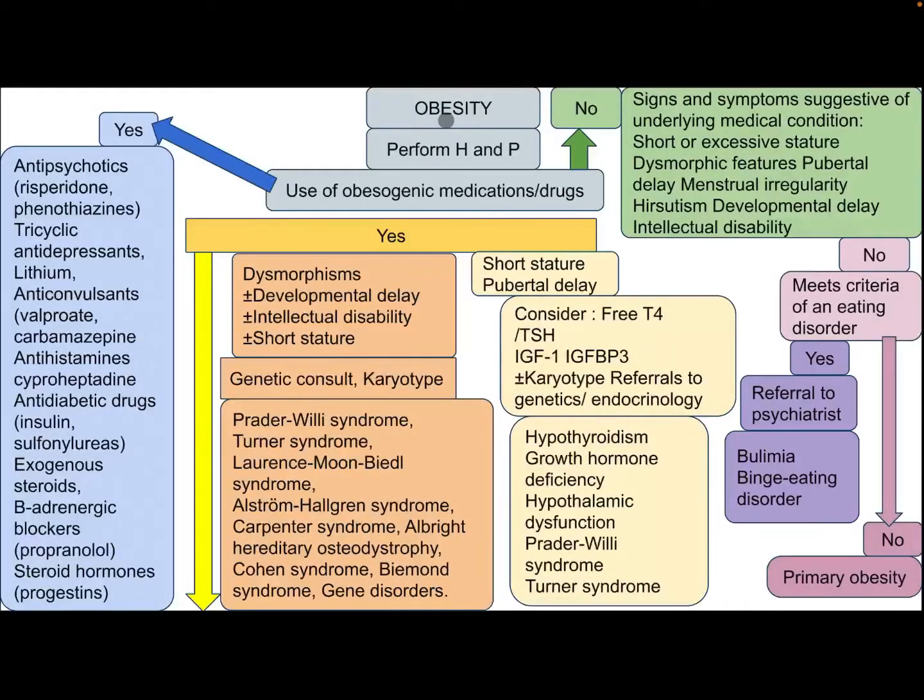How to approach a child with obesity after performing history and physical examination. Is there drug use, obesogenic medication or drugs?